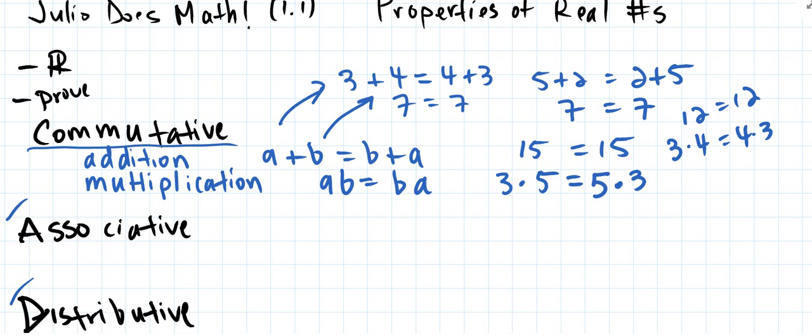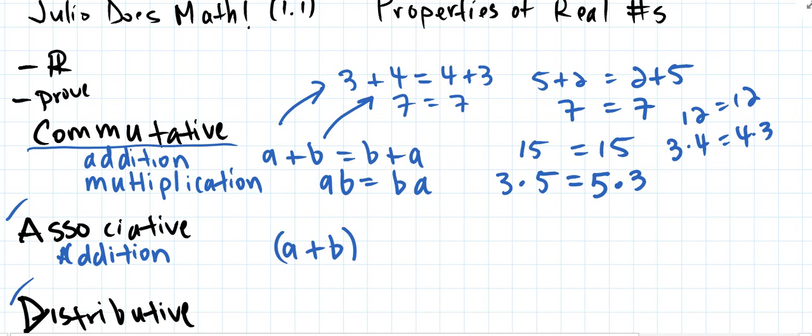Then you have your associative property. Your associative property of addition says when you have a number a plus b, this is a quantity, when you add c to it, it'd be the same as if you had a number a and you added that to the quantity b plus c.